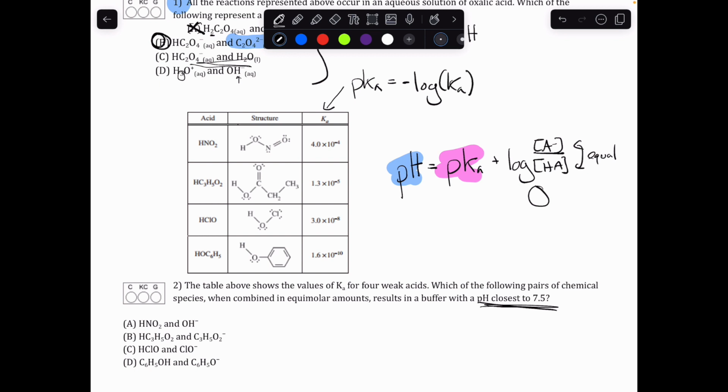You could plug each of these values in for the negative log and find the value, or the shortcut way to estimate a log number is to just look at the exponent. So this one would be close to 4, this one close to 5, this one close to 8, and this would be 10. And so the one that matches is the HClO buffer, and so the answer is C.